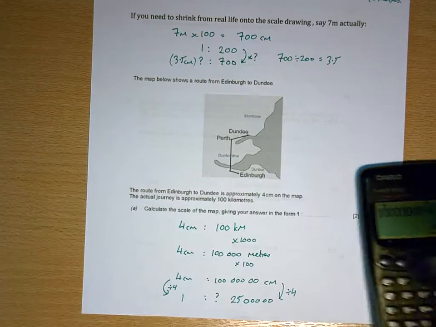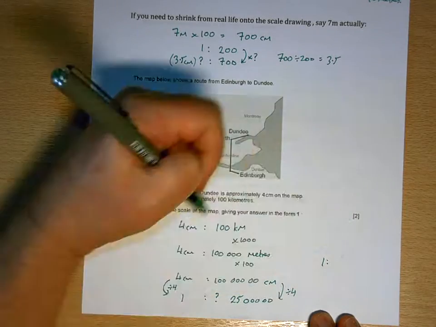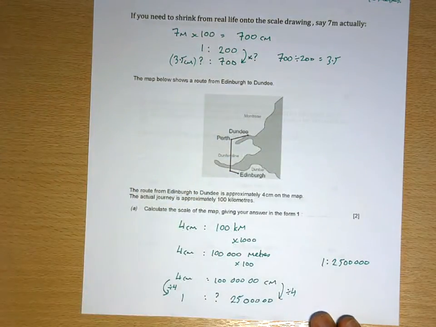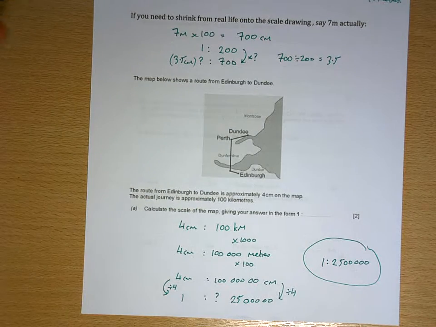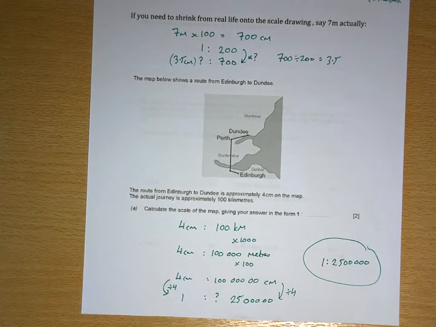So 2,500,000. So the map scale is 1 to 2,500,000. So you need to have the same units on each side of the ratio.